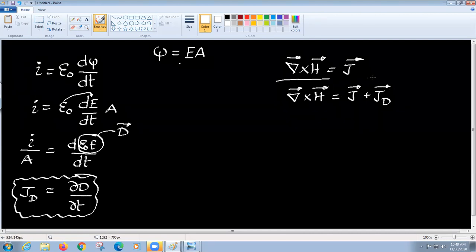Now you can happily work with DC, AC, high frequency, low frequency, anything. As long as this equation holds, propagation will exist. That's it. Whatever propagation you're seeing today, radio wave propagation, it's all because of this displacement current. Without the concept of displacement current, you have no propagation.